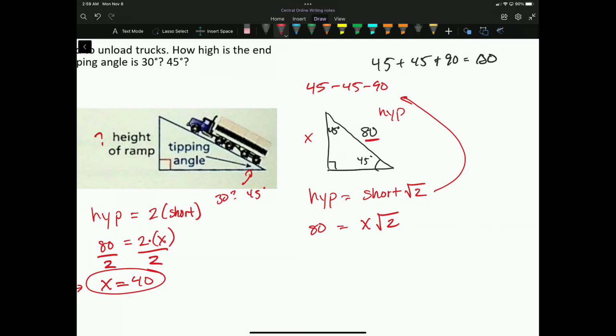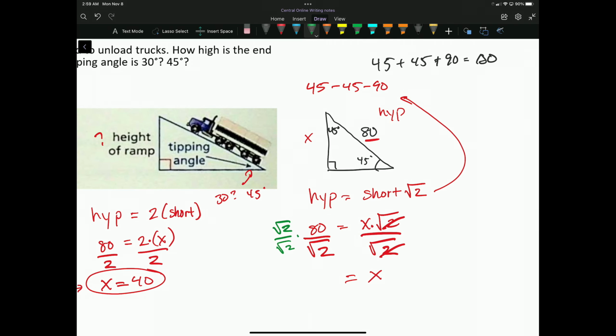So again, I'm trying to get this x by itself. So I have x times the square root of 2. We have to divide. These go away, so we're left with x on the right-hand side. We're going to need to simplify this because we don't want a square root on the bottom. So we have to multiply by the square root of 2 divided by the square root of 2.